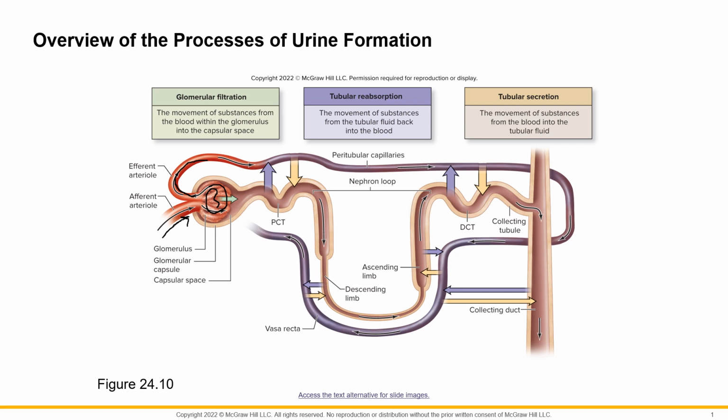The efferent arteriole continues on to become the web of peritubular capillaries around the proximal convoluted tubule and the distal convoluted tubule. The blood capillaries also form a network around the loop of Henle, and this network of blood capillaries around the nephron loop is called the vasa recta.